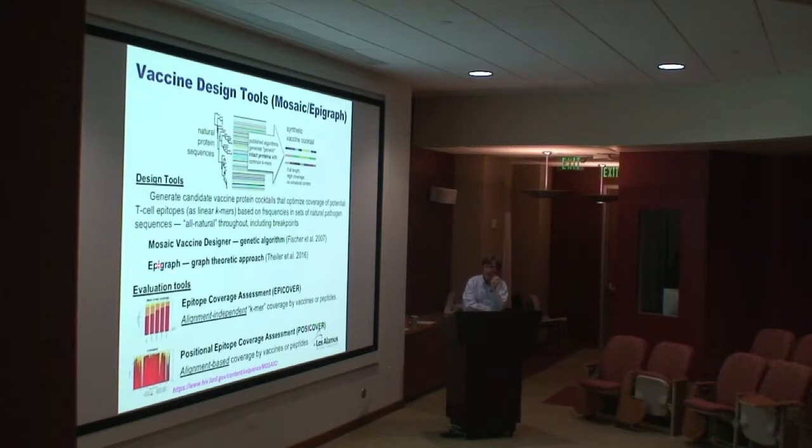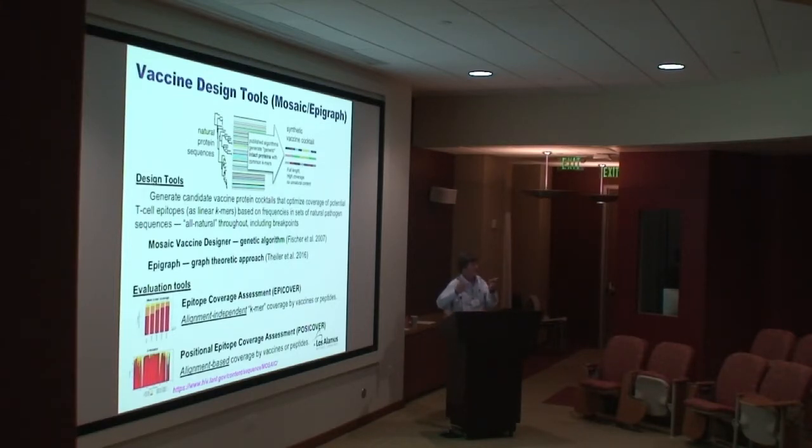But basically, these two things, the Mosaic Vaccine Designer and Epigraph, are tools that use different mathematical approaches to the same end, which is to put together a cocktail of a small number of proteins, which, however you slice them, will come up as natural sequences that will have high coverage of a large set of natural sequences.